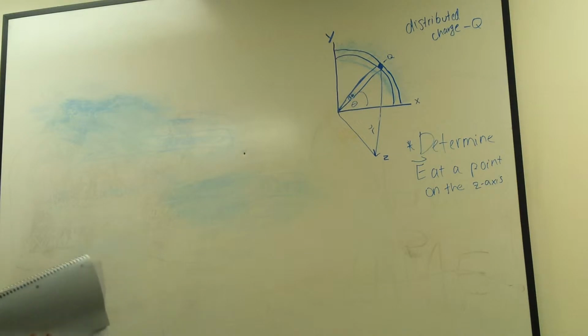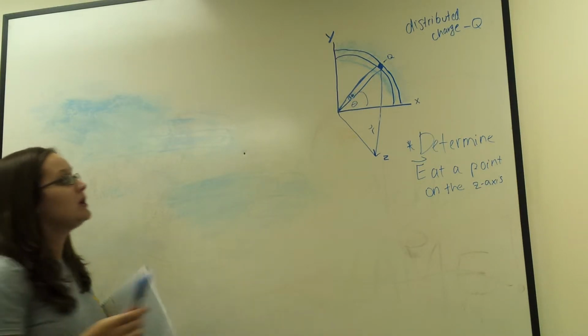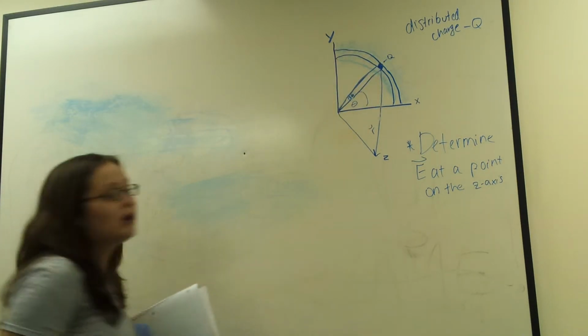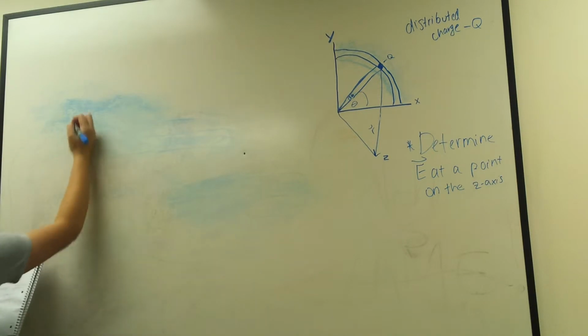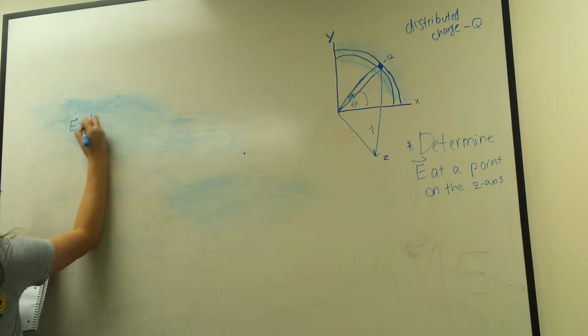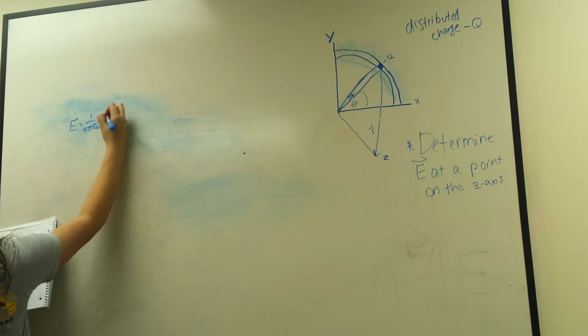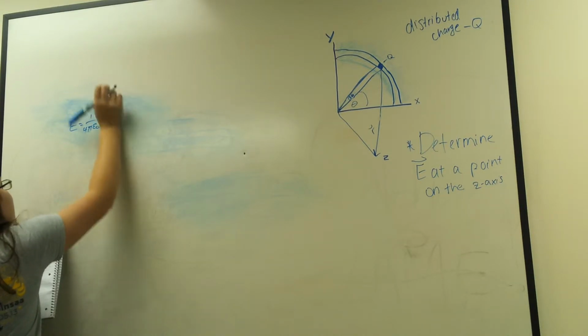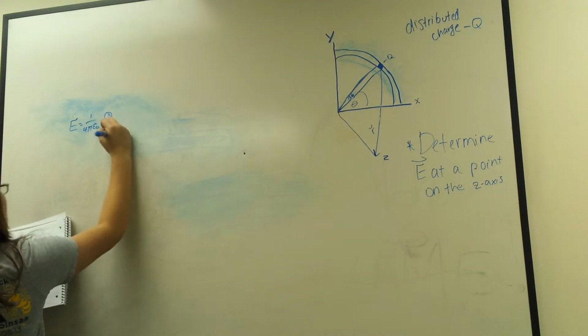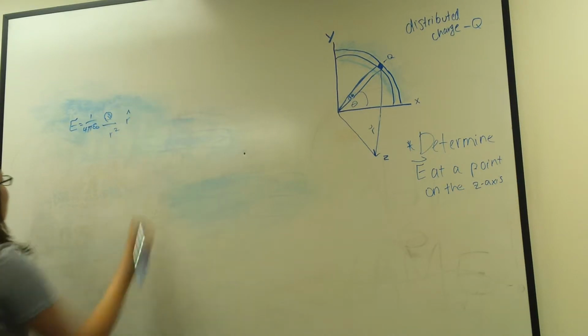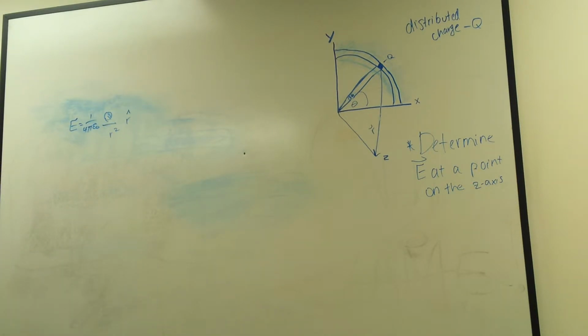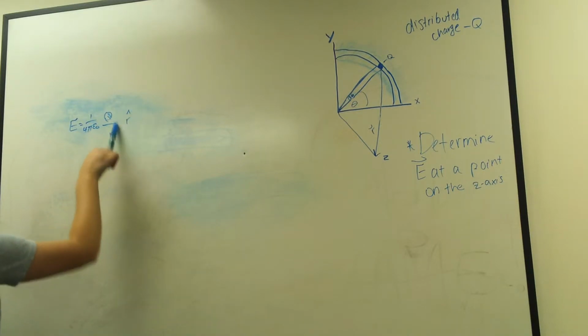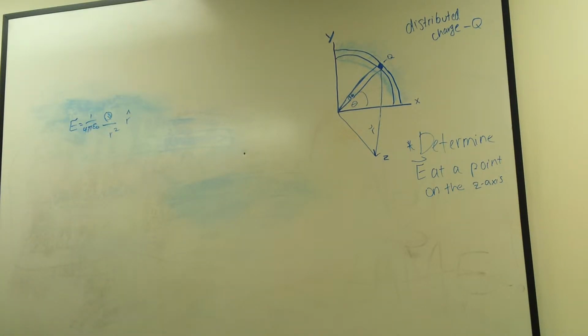We're going to start with the formula for a point charge, because since it's such a tiny piece, we can approximate it as a point charge. That is simply E equals 1 over 4 pi epsilon naught times Q over R squared times R hat. On my test, I forgot to include part of this R hat, which is where I lost my points. So we'll make sure we get it right this time.